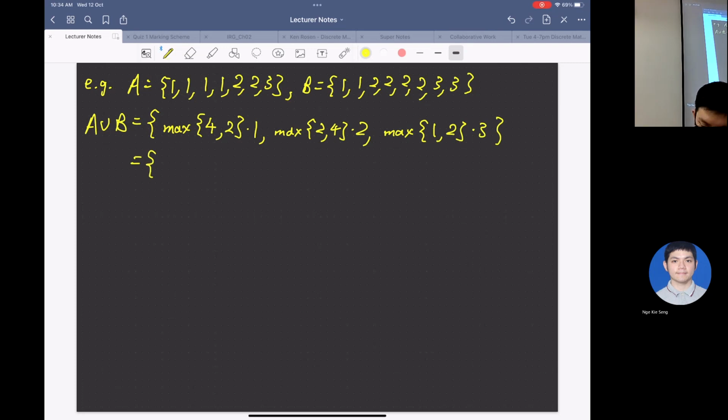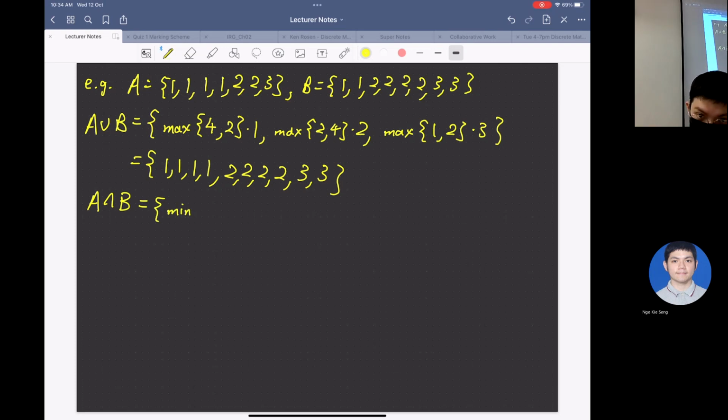So maximum of 4 and 2 is 4. So there's 4 ones here. And then maximum again 4. And then you get 2. Yep. 2, 3. Yep. Good. Very good. Next. So okay. So intersection, you will do the other one.